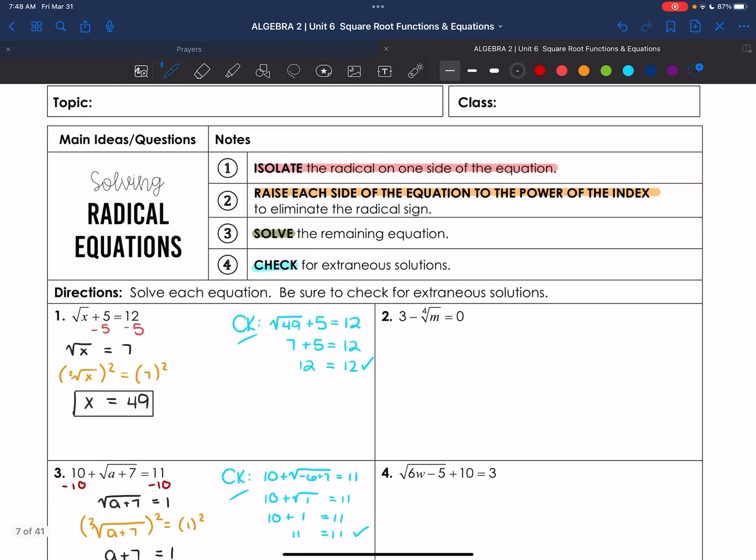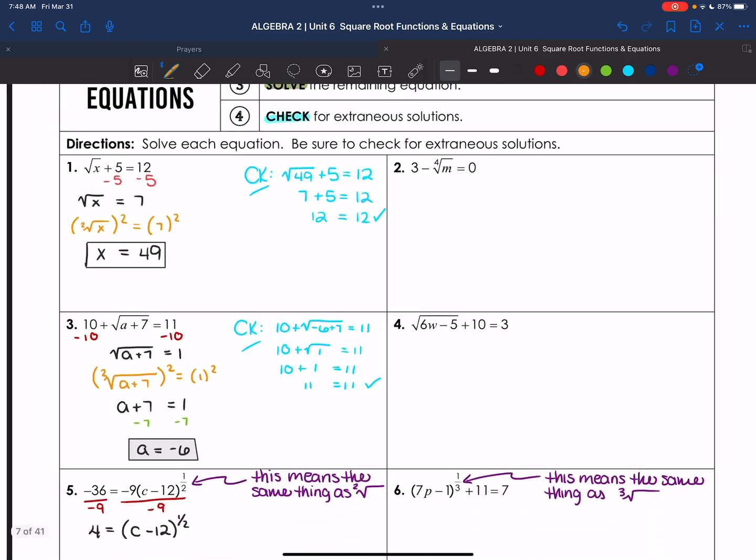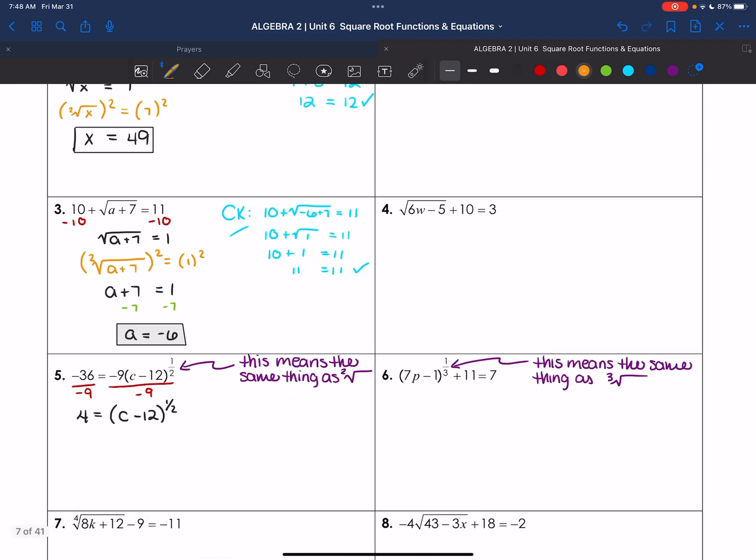The next step is to raise each side of the equation to the power of our index. So what I have right now is c minus 12 to the 1/2 power. The opposite of that is raising it to the second power, because think about this with me, when I multiply 1/2 times 2, what does that equal?